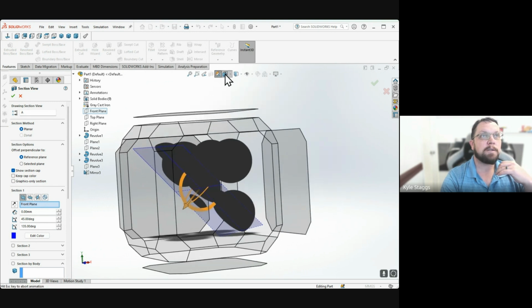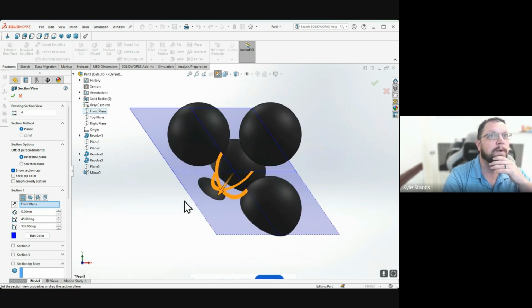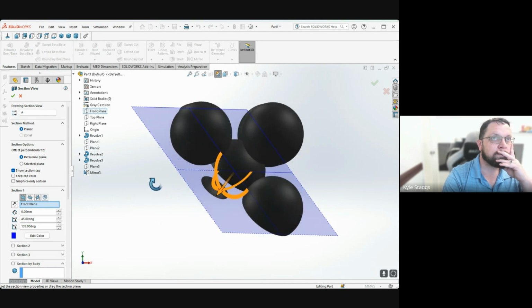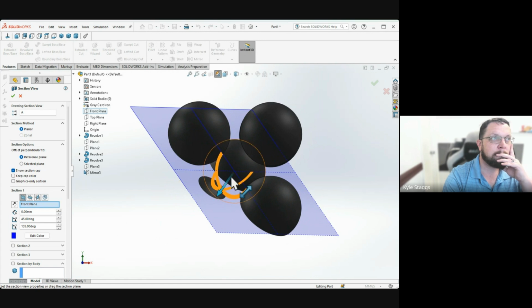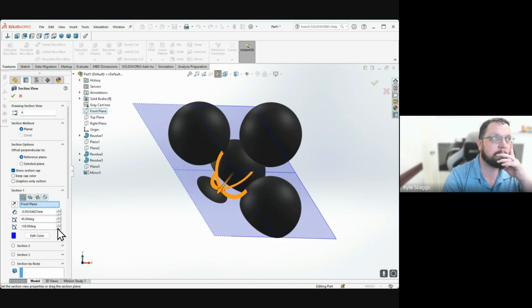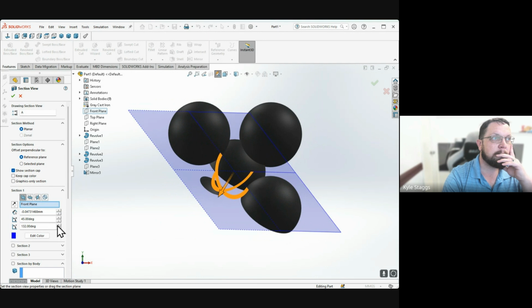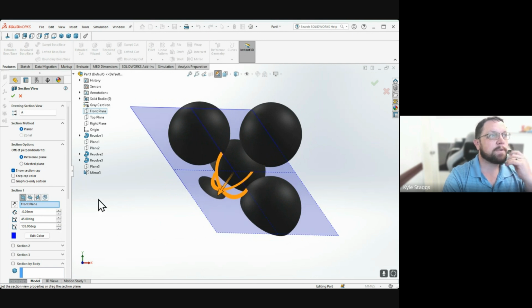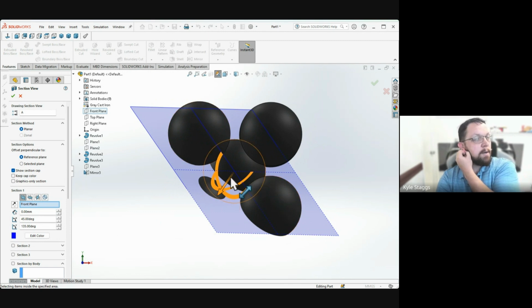So that, let's see, from the front angle, we're really close on, yeah. So 135 is a reference there, and a 0 distance. So this gives you at least an idea what that plane might look like.